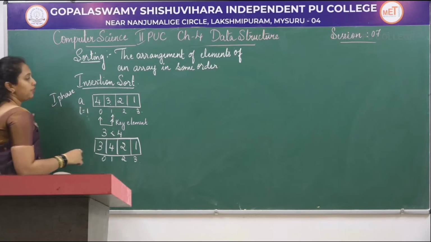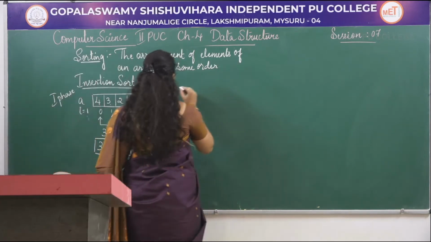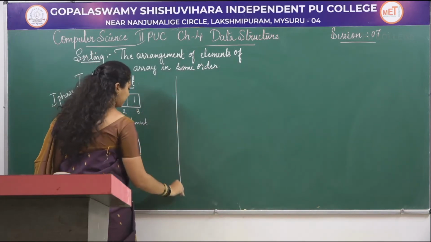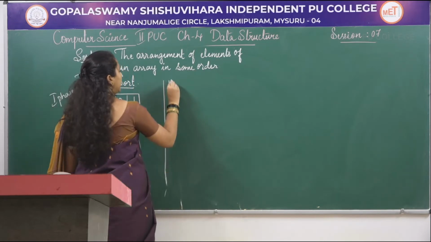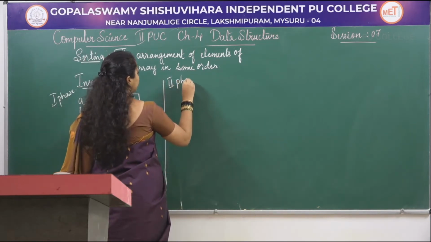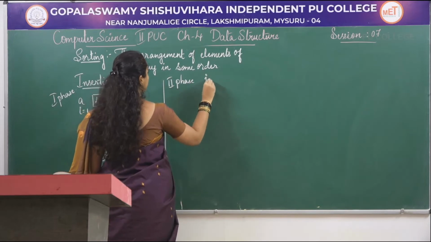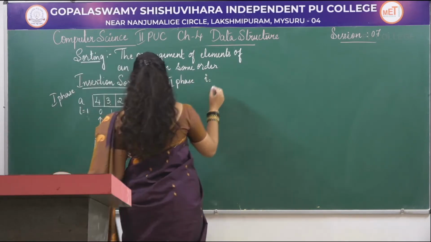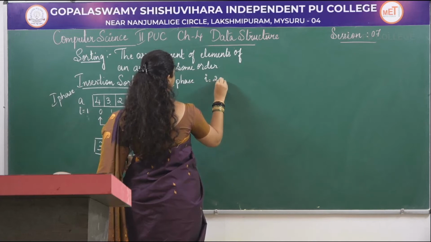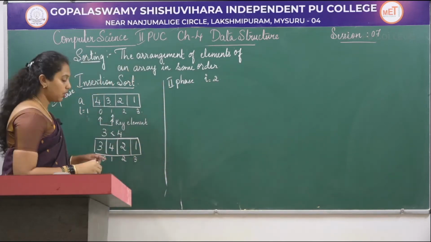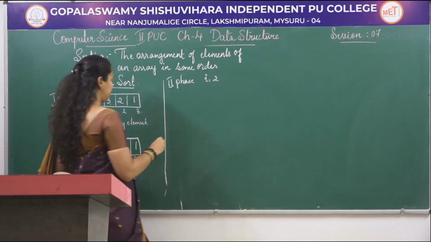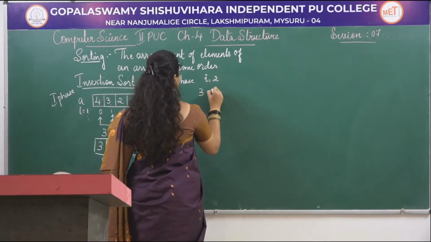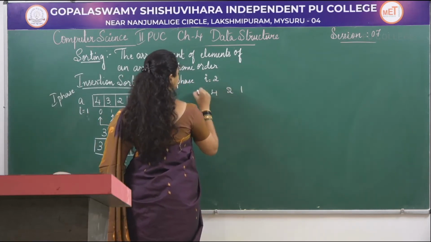In the next phase, I gets incremented, so I becomes 2. So what is the output of the first iteration? That is 3, 4, 2, 1.